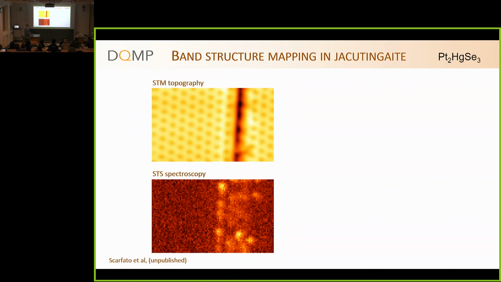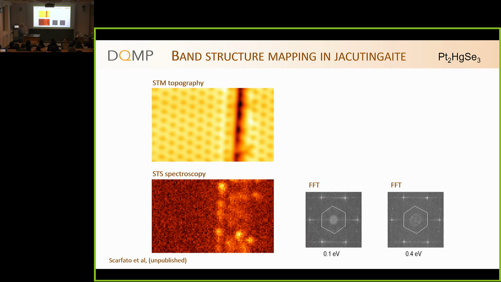And the final example I want to show, this is Alessandro's work, who is here in the room. That's a trick we can play. Usually to get these, what we call quasi-particle interference images, you need to take a full conductance map at different biases, which is taking very long. And then you take Fourier transforms at the different energies, and you see here the things that do not change is the atomic lattice.